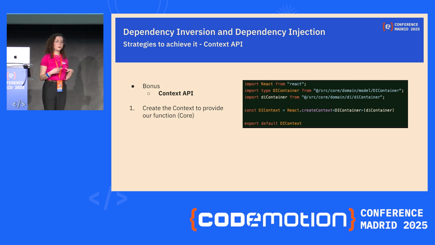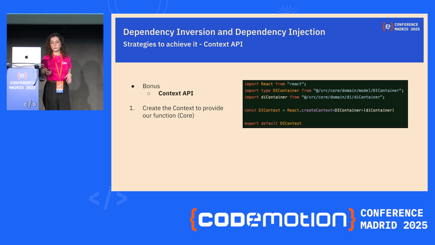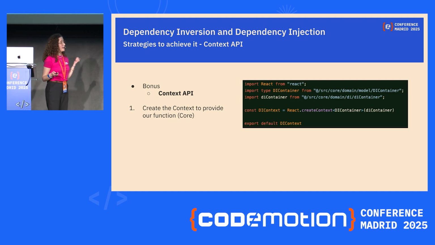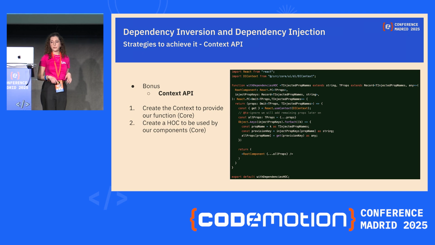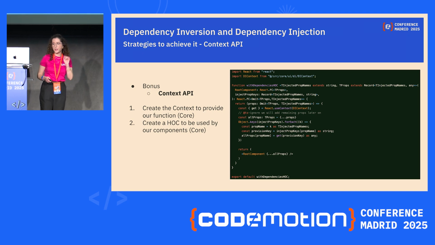So if we build it from the ground up and take into account the core layer, the features layer, and the app layer, we can do it. So first of all, at the core level, we're going to define the context to provide the DI container for everybody. And then, if you had the pleasure of being in the previous talk, we discussed HOCs, higher order components. Basically, they said they are dead, but they're not. They're alive and well.